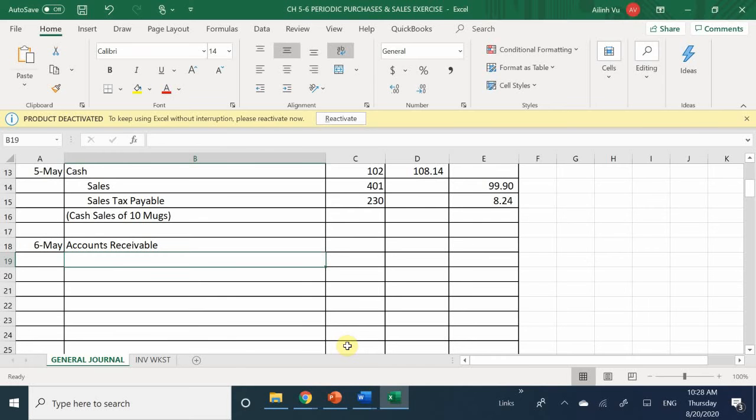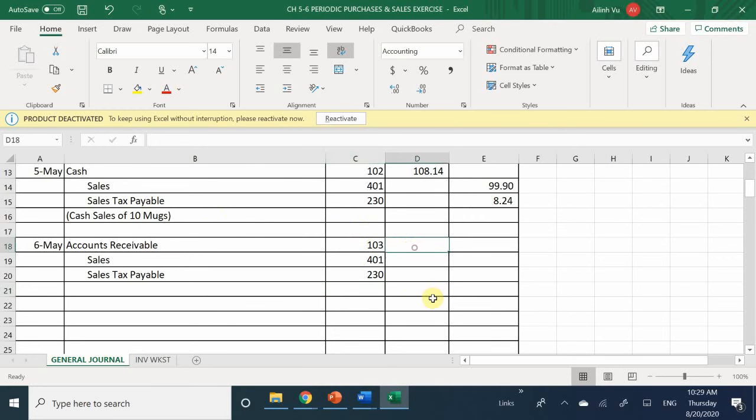All right, what other accounts are we going to be incurring? Sales and sales tax payable. Okay. All right, and what is my account number for my accounts receivable? 103 and 401 and 230, right? I can look that up from right above.